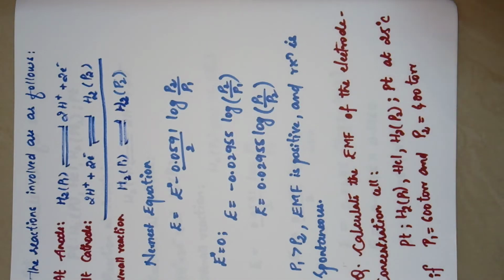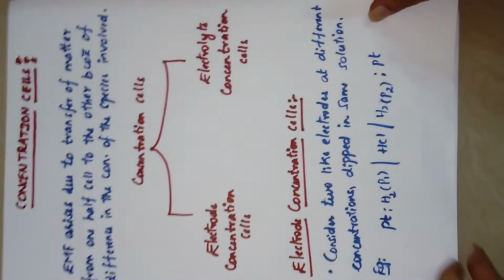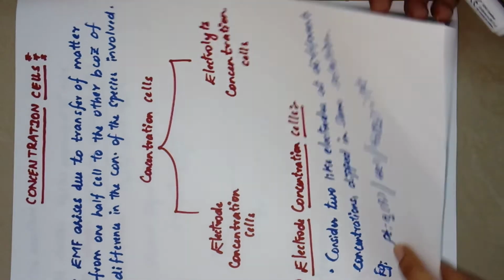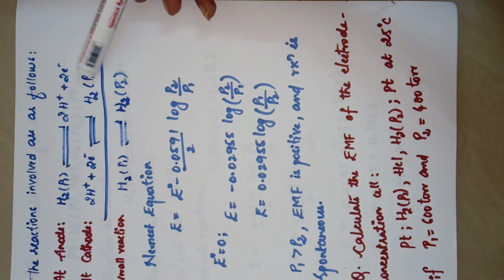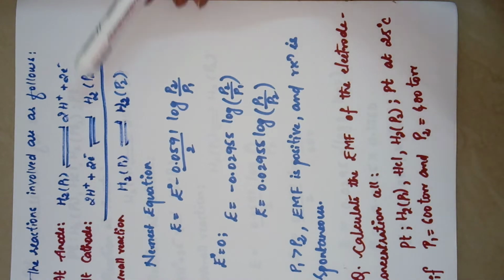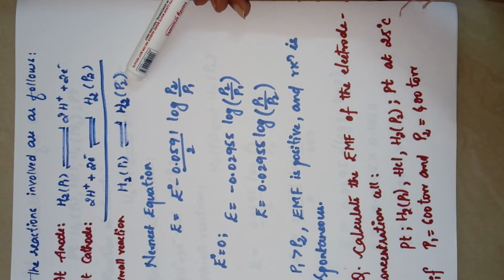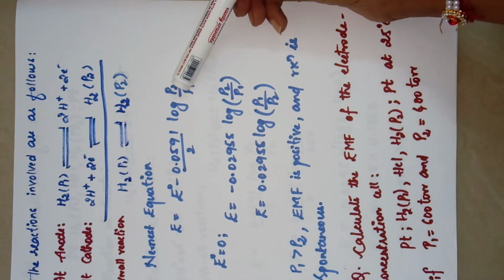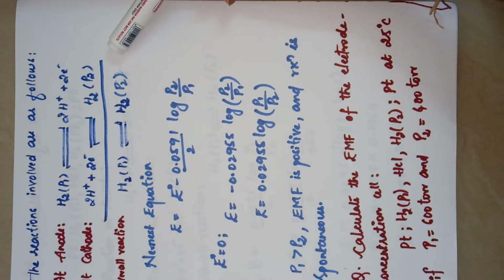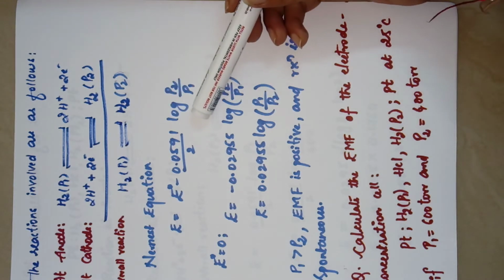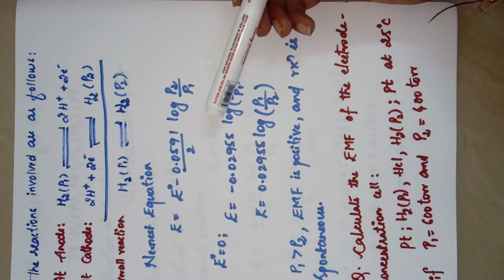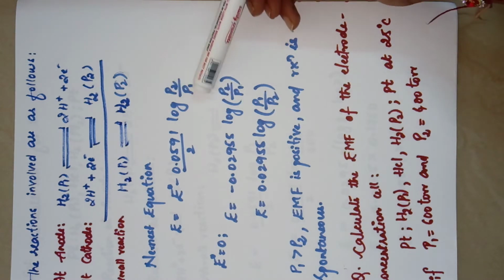Now, what are the reactions involved for this particular cell? At the anode, the loss of electrons, H2 at P1 will give you 2H+ plus 2 electrons, and at the cathode the reduction, that is gain of electrons, and the overall reaction will be H2 at P1 to H2 at P2. So the Nernst equation for this overall reaction will be E is equal to E naught minus 0.0591 by 2 log P2 by P1.